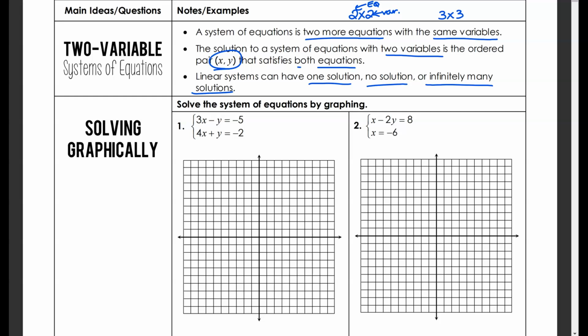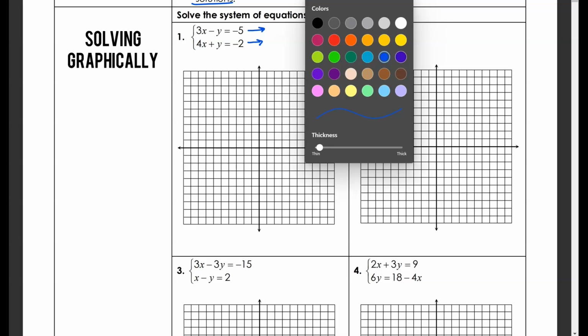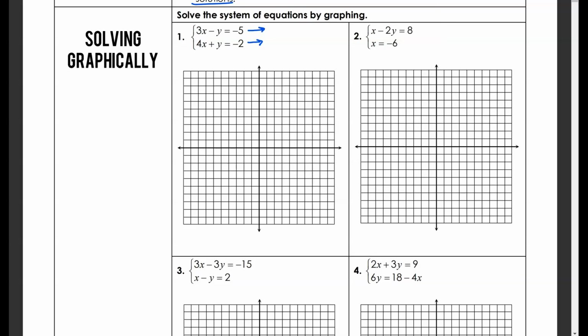There are 3 ways to go about solving systems of equations, and we're going to start off by solving them graphically. So here in this example we have our 2 equations, so we're going to go ahead and solve these. We're going to first start off by transforming them into y = mx + b form. And so when we solve this, we want to get y equals, and we're going to move everything over.